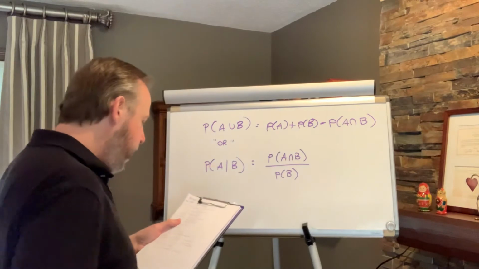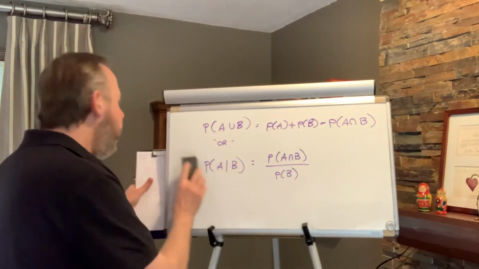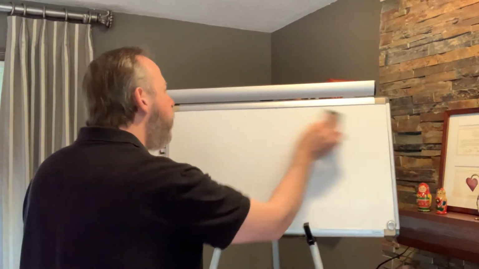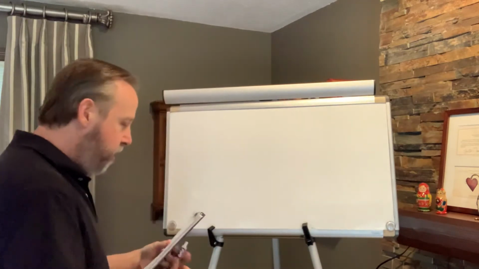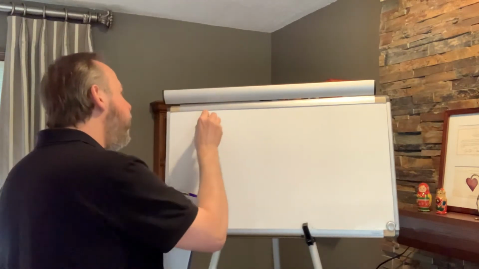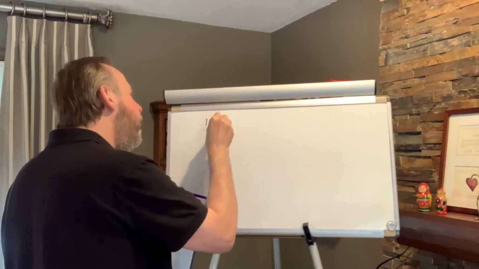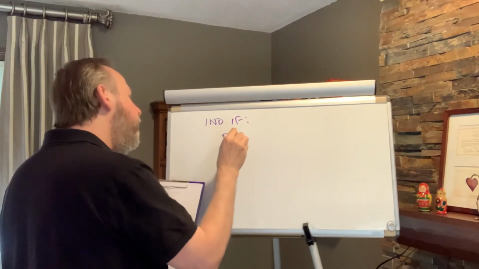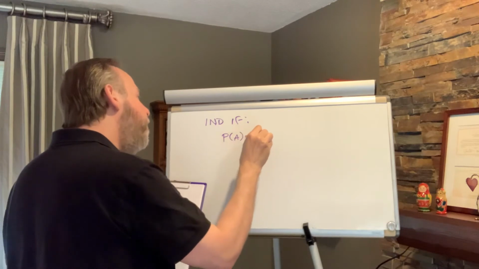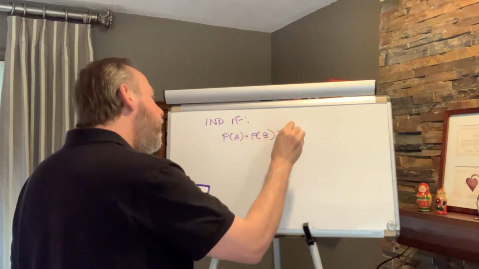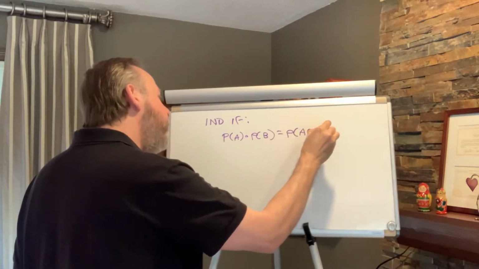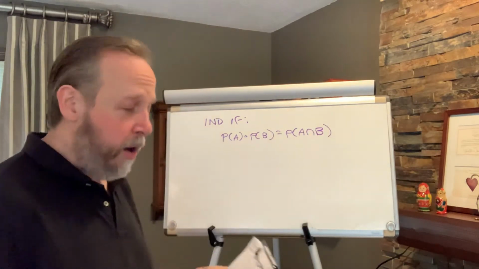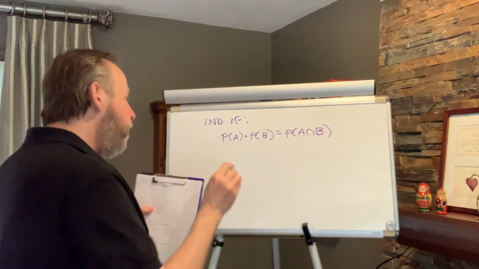All right, next up we have ways to prove independence. We had to do that a lot. So I'll say they're independent if P of A times P of B equals P of A intersect B. That was one of our ways to prove independence.